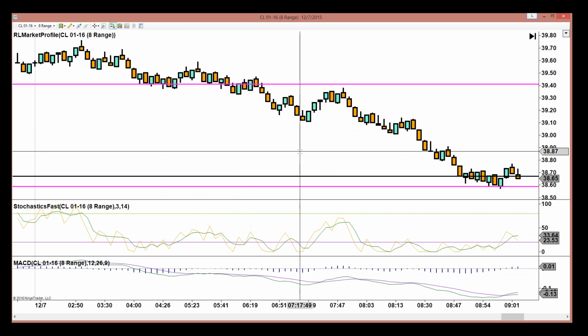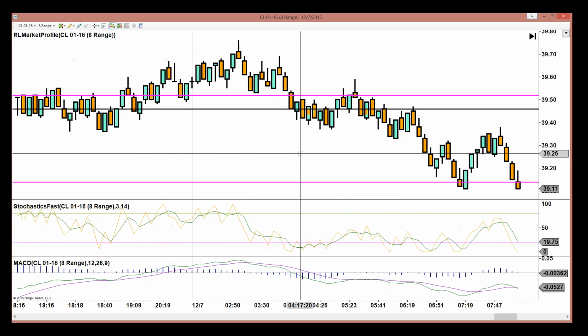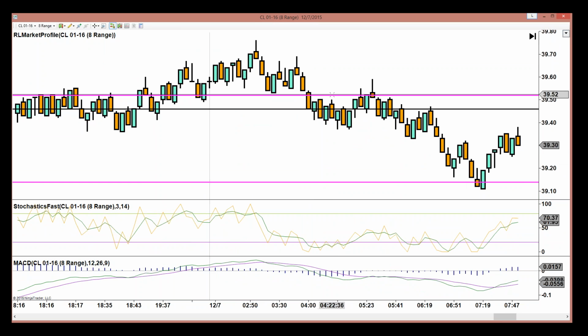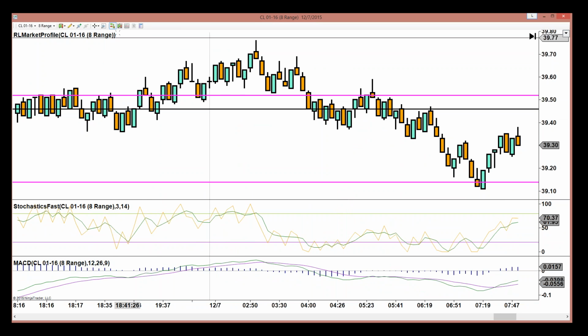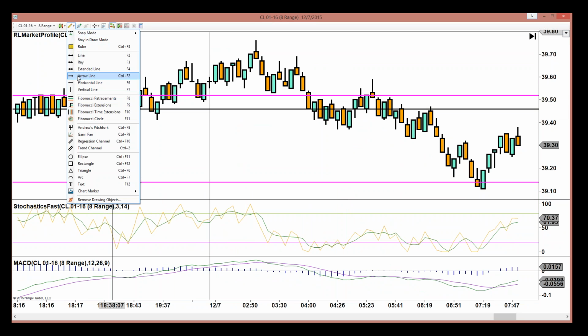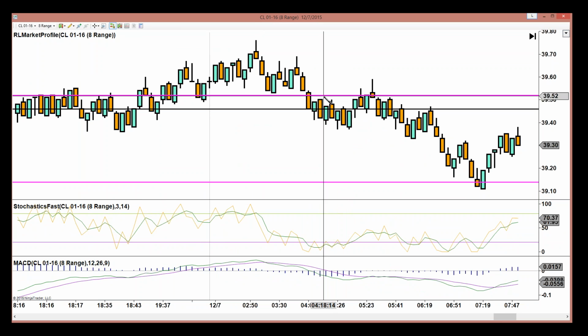This is market profile. Now market profile has a value area high, a value area low, and a point of control. This is where the greatest price at volume crosses, and this is within the bell-shaped curve where approximately 70% of volume at price crosses.